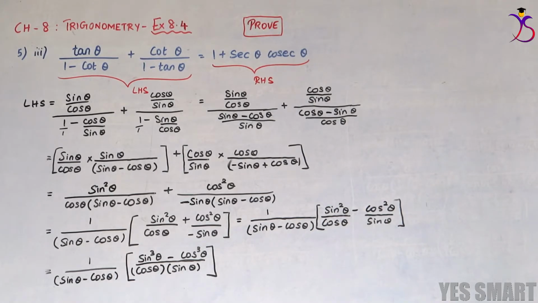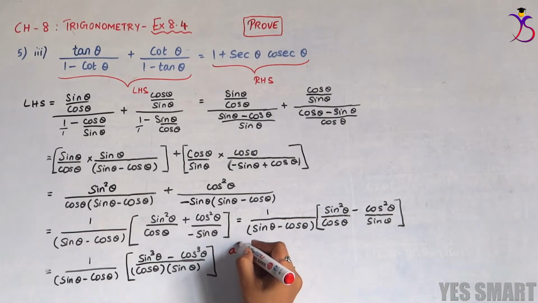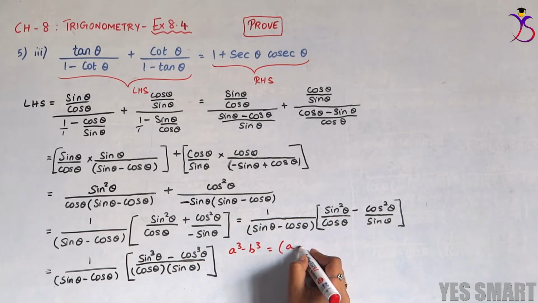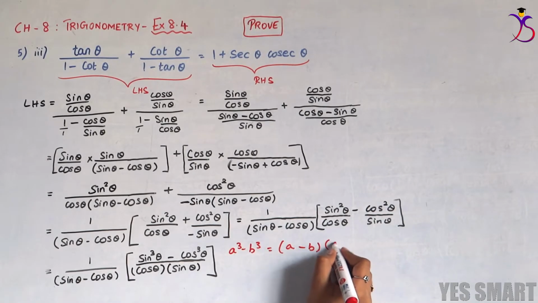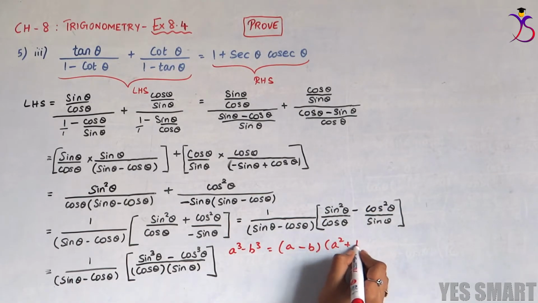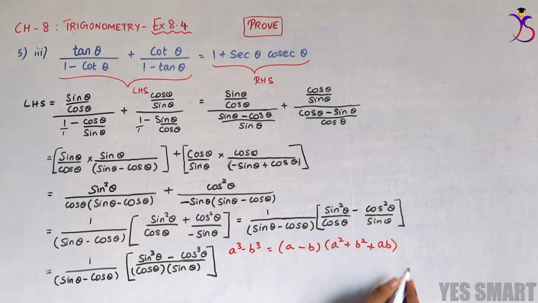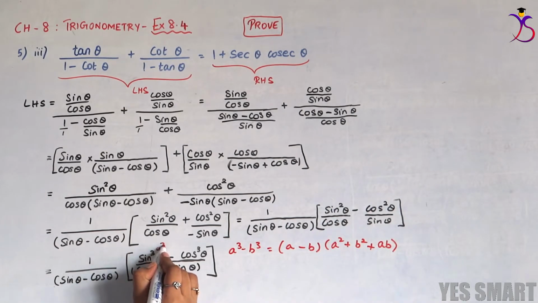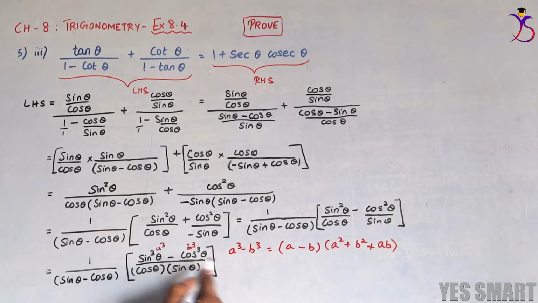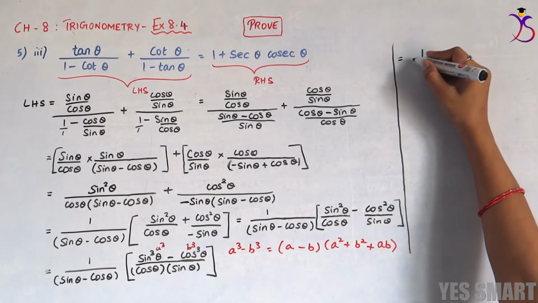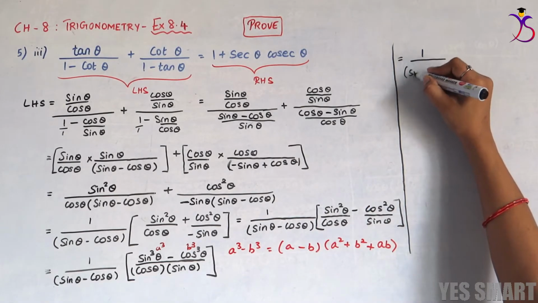Now the numerator is in the form of a cube minus b cube, equal to a minus b into a square plus b square plus ab. So this is a cube, this is b cube. Now I am just going to expand the numerator using this identity. Therefore this is equal to 1 by sin theta minus cos theta.